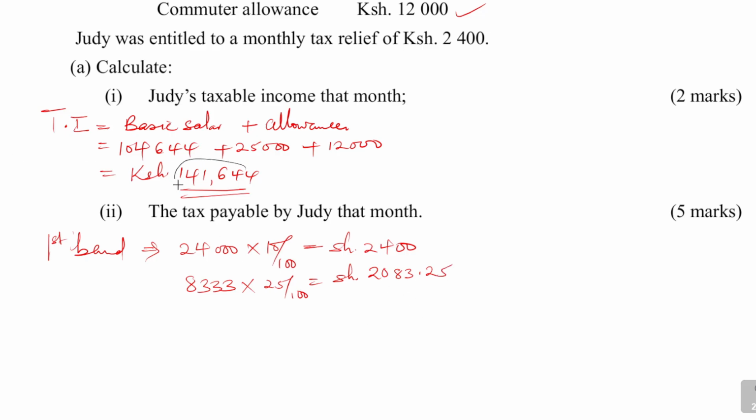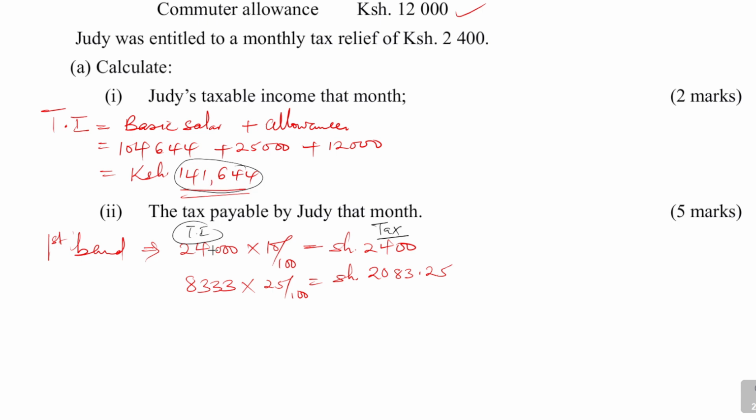Remember, this is the amount that you're taxing. So on this side, you have the taxable income, and then that is where we have the tax. So far, we have taxed 24,000 plus 8,333. So you can get the total and see how far we are in arriving to this value, 141,644. We have to tax the whole of that amount.